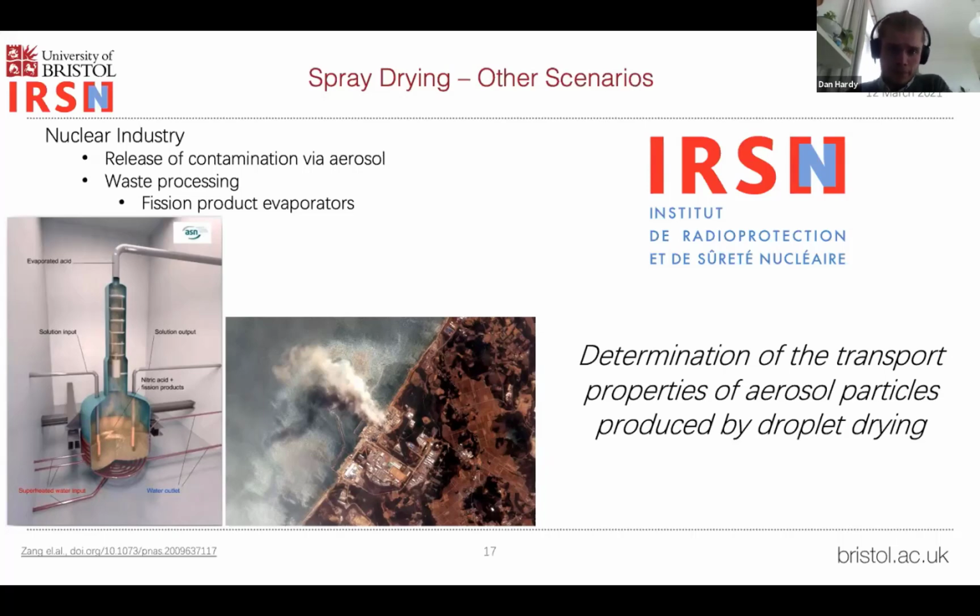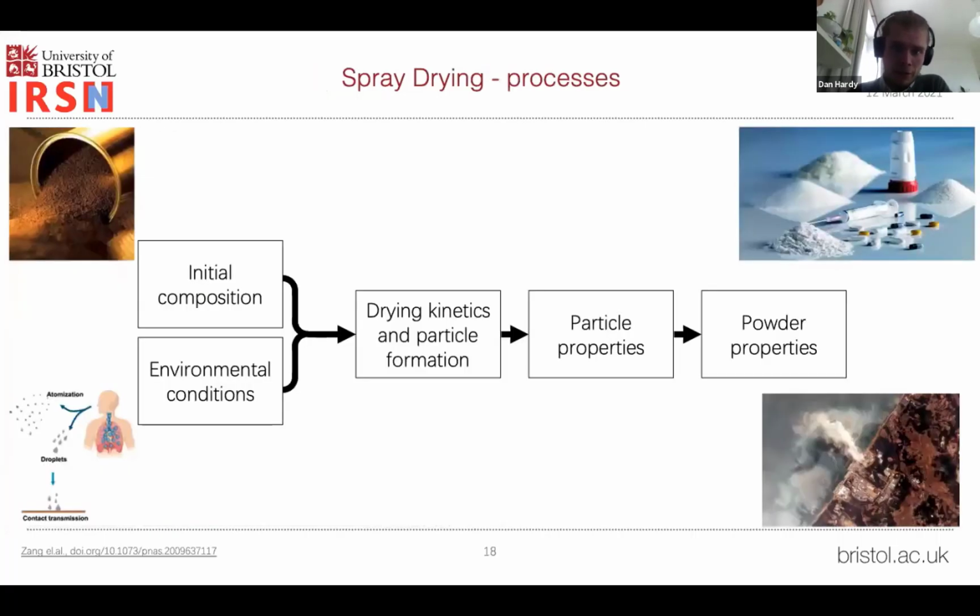So to rephrase that again, quite generally, typically, if you have any spray drying process, it will be comprised of these main stages. And people are generally interested in the late stages here. So we've got particle properties, and you've got lots of particles. You have a powder, so powder properties.